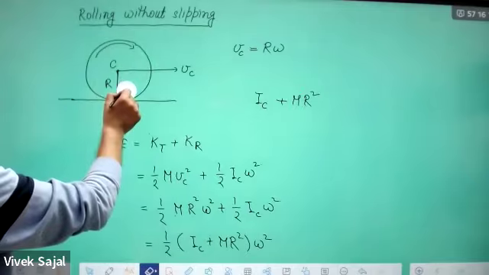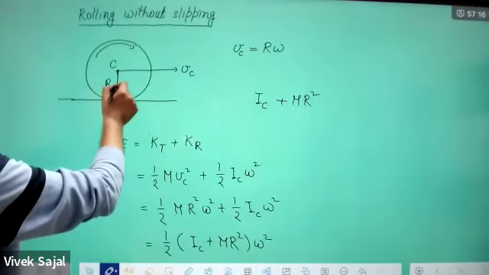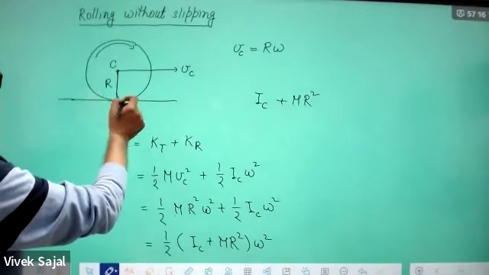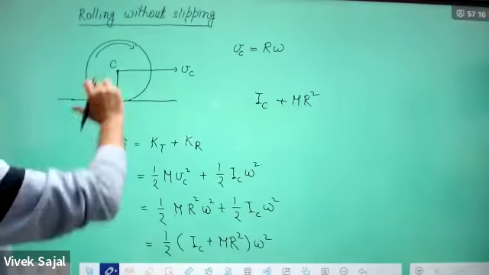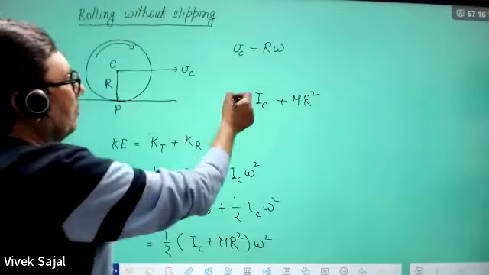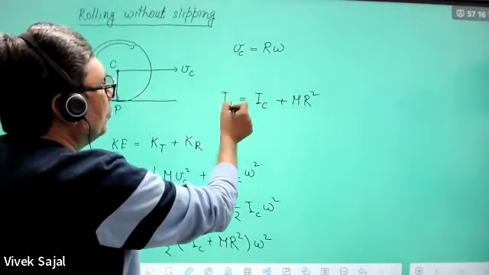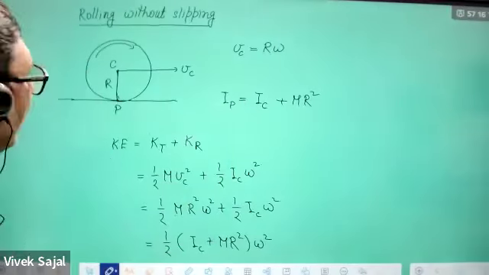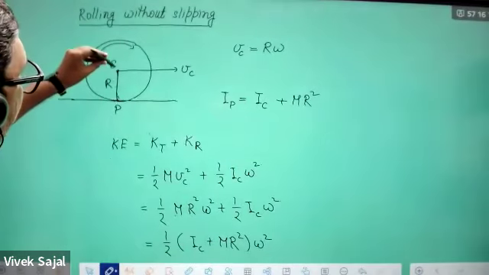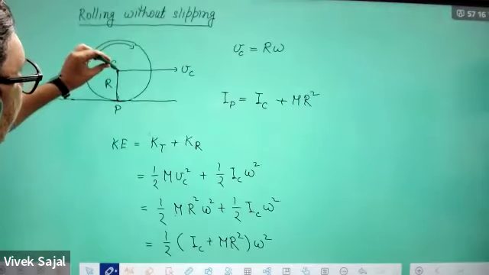This point is P, CP, this is R. So what will it be? This will be equal to the moment of inertia of this rigid body about an axis passing through P and perpendicular to this axis. Earlier this was the axis.